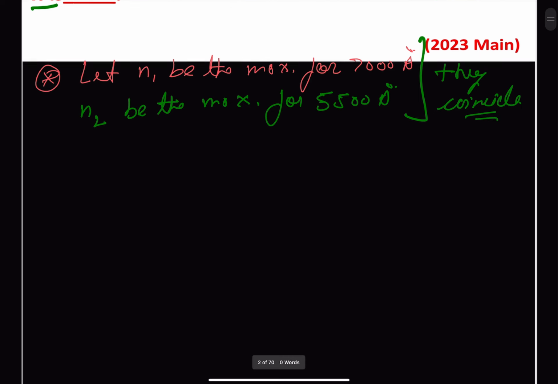Therefore we can write the equation n1 beta 1 equals n2 times beta 2. We already know the formula, beta is given as capital D multiplied by lambda divided by small d.